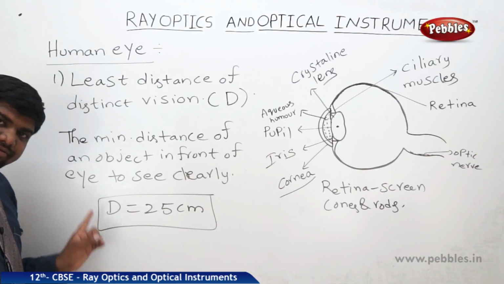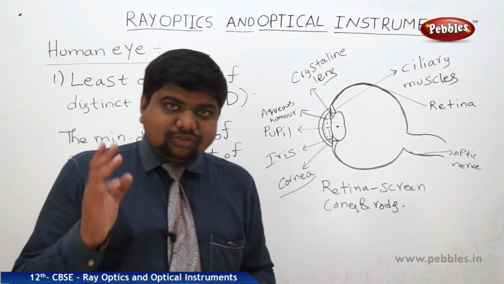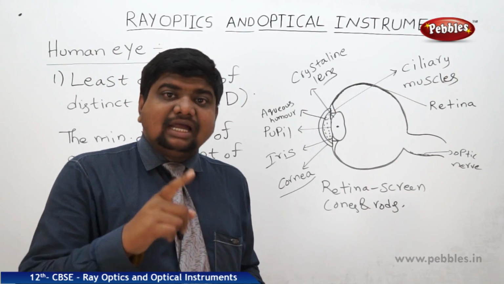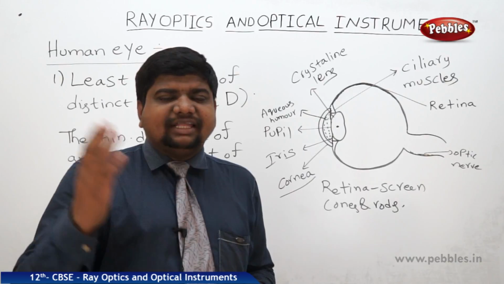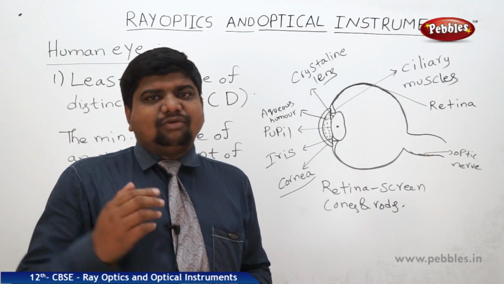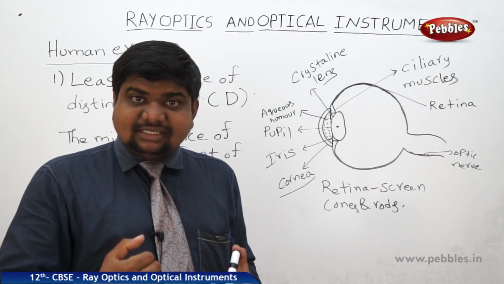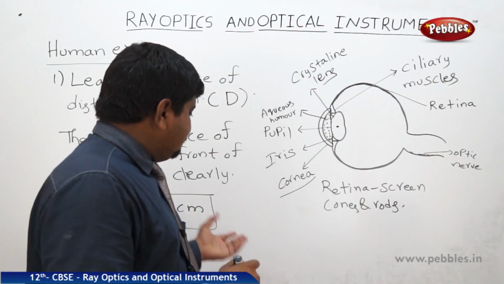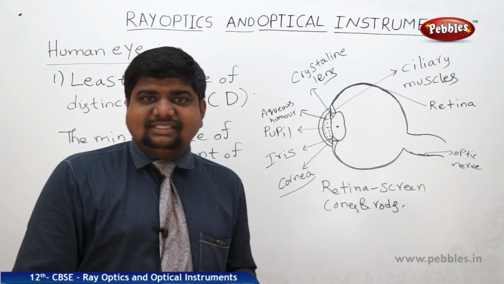Less than 25 is one eye defect, greater than 25 is another. Those eye defects are myopia, hypermetropia, presbyopia, astigmatism and so on. So what are these eye defects and how can we arrange remedies for them?